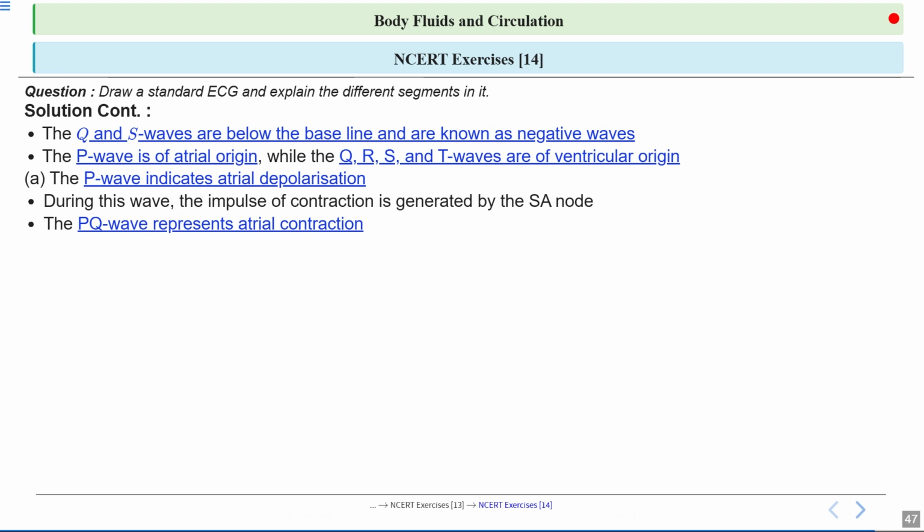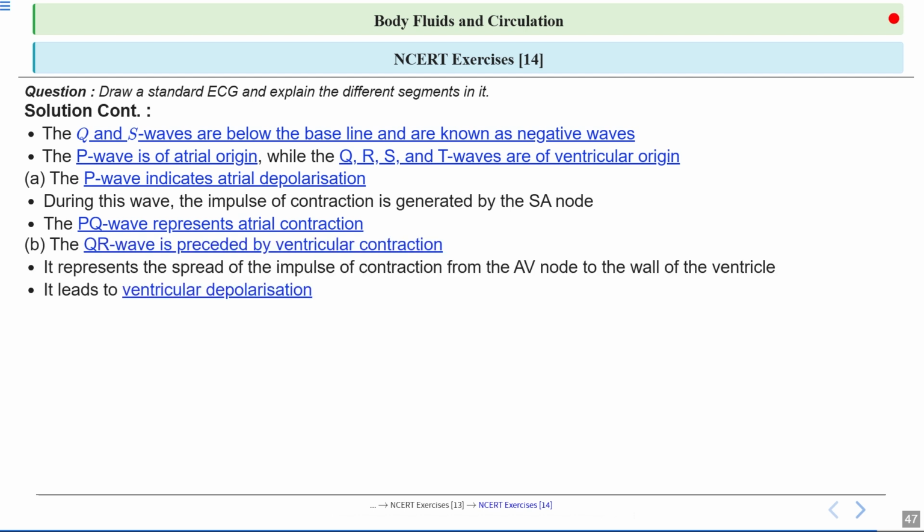The P wave shows atrial depolarization, which is when the atria are getting ready to contract. Now the SA node, or sinoatrial node, starts this process. The PQ segment, which follows, represents the actual contraction of the atria pushing blood into the ventricles. Now the QR wave comes just before the ventricles contract.